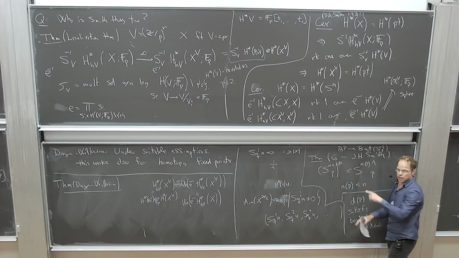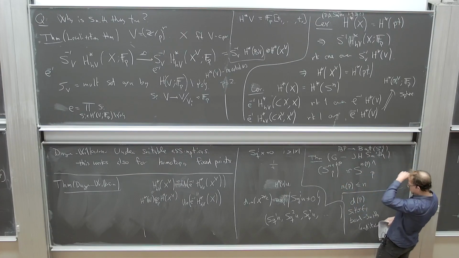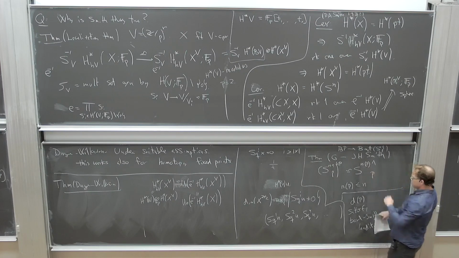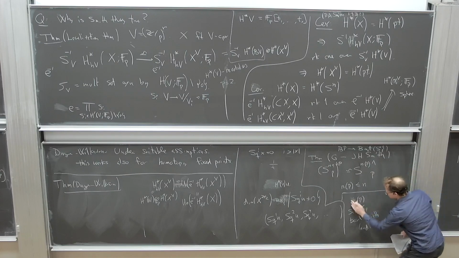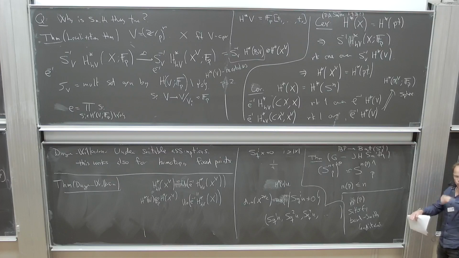There's a prime p. The dimension of the new sphere: this would be a new sphere, and I just gave you the argument why this new sphere has to be of lower dimension.